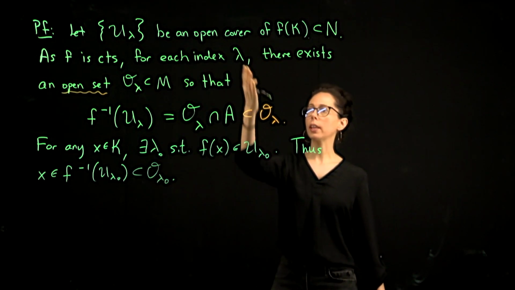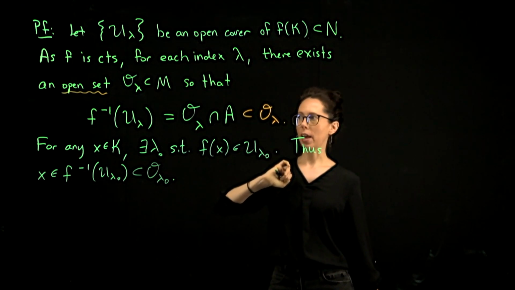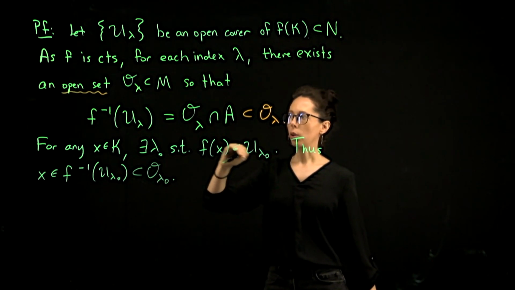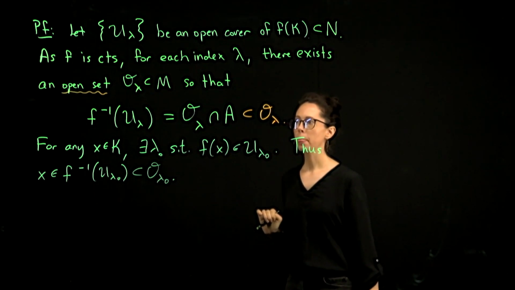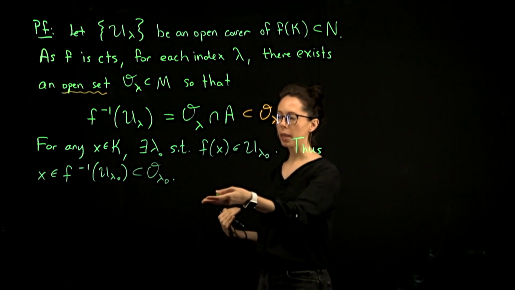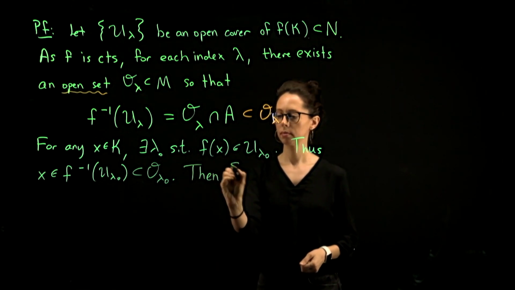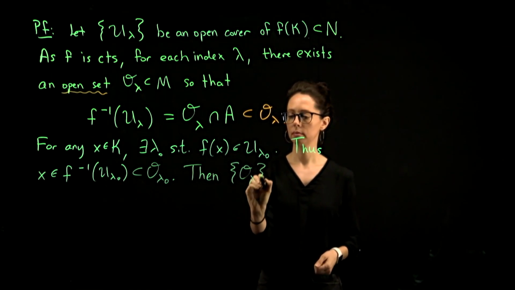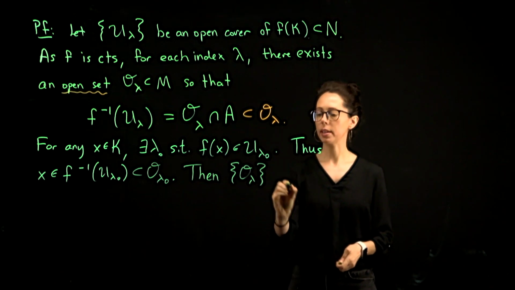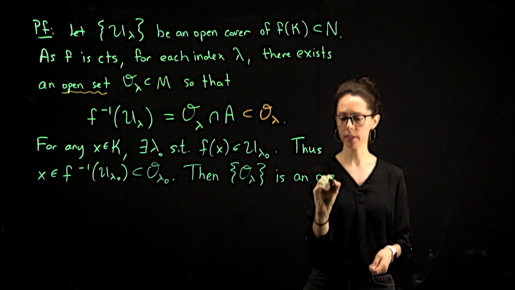Okay, so for each lambda corresponding to this family of open sets covering f of K, we are going to grab O sub lambda through this kind of action of pulling back. And now this family of O sub lambda is a cover of K. So then this family O sub lambda is an open cover of K. Open here.